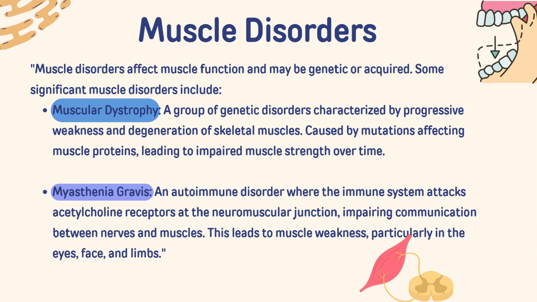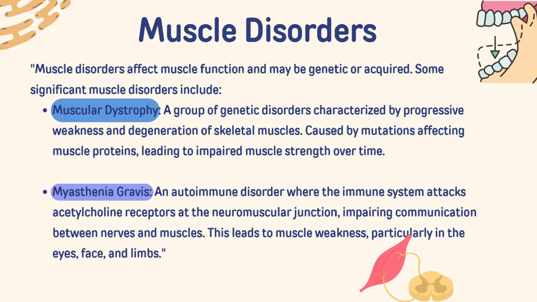Then we have myasthenia gravis. It's an autoimmune disorder where the immune system attacks acetylcholine receptors at the neuromuscular junction, which we've talked about earlier in slide number 1, impairing communication between nerves and muscles.